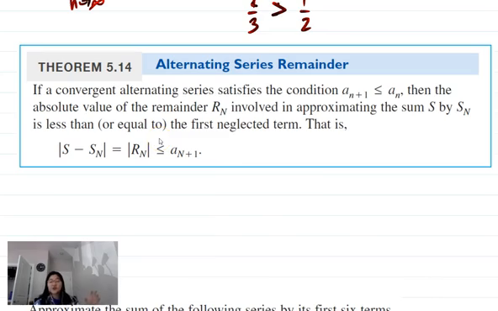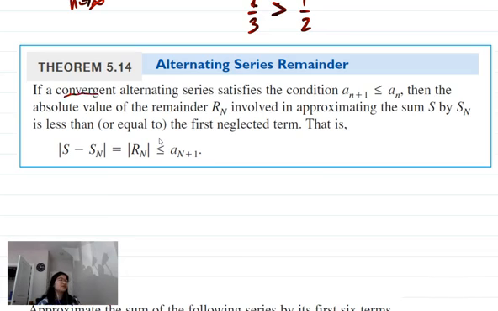So we have a remainder with our alternating series, similar to when we're doing polynomial long division or just regular old long division, where you're going to have a remainder. That's kind of the idea with our alternating series. At a certain point, we can say that after this point, the difference between what our calculated value is and what the actual value is for our infinite series is less than this number.